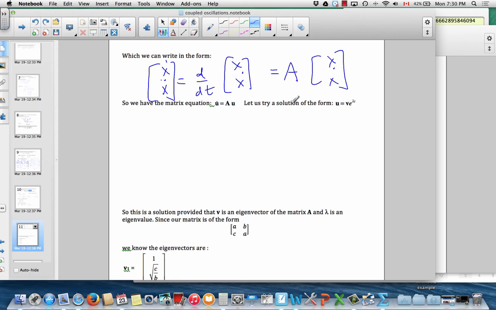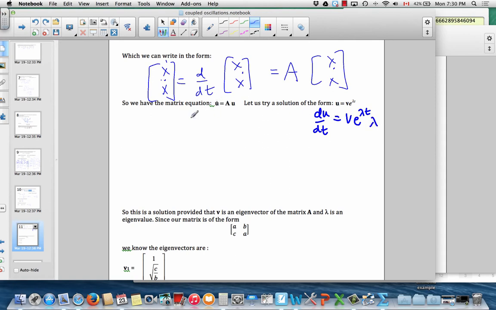So if we substitute that in, then we do the d/dt of this, the time derivative of u, du/dt, where u is a vector. V is assumed to be a constant vector, and then you time differentiate this, and that will be e to the lambda t times lambda.